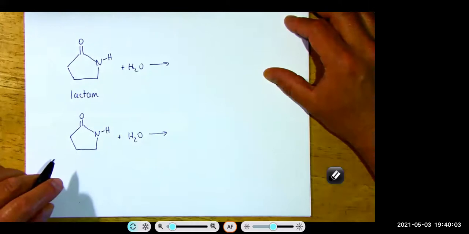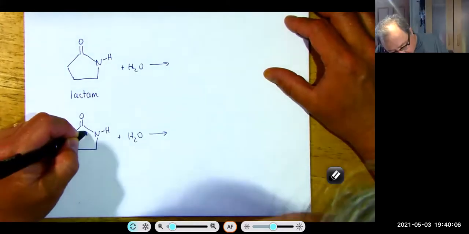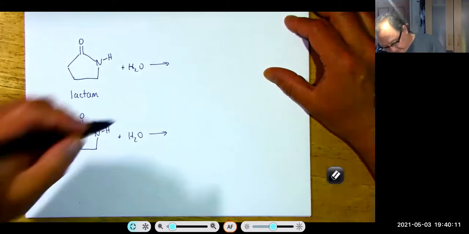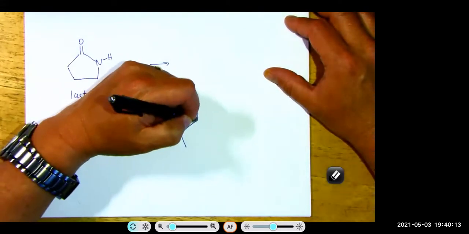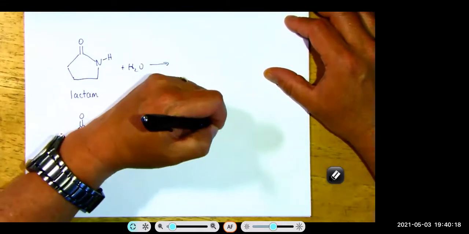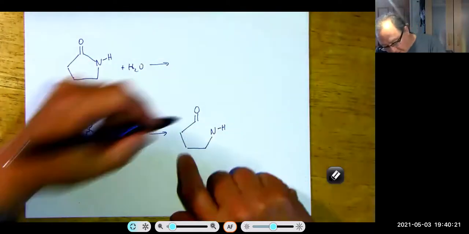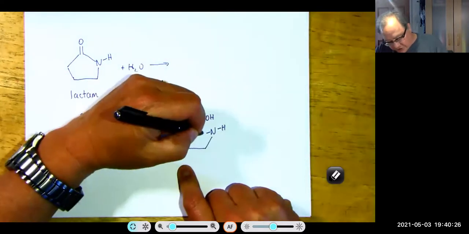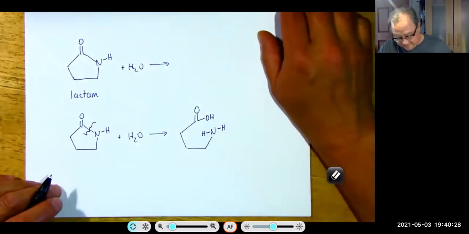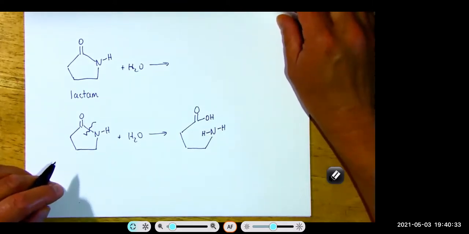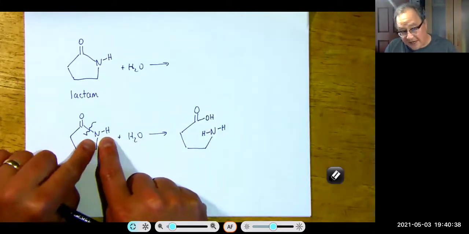Okay, I'm done. Excellent. So guess what? You're going to break it between the carbonyl carbon and the nitrogen instead of the oxygen. You're right. And then I'm going to draw this. And I'm still going to put the OH on the carbon with the carbonyl, and the H is going to go on the nitrogen. Is that what you got? I only accounted for one H on the nitrogen instead of two. But there was already one H there.